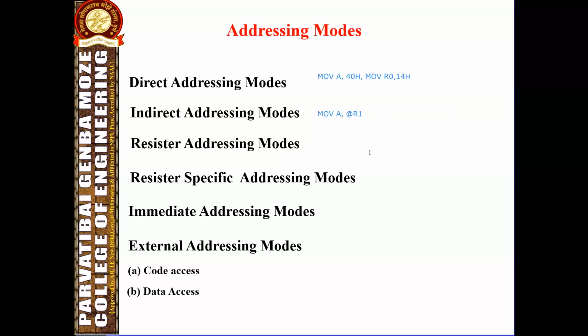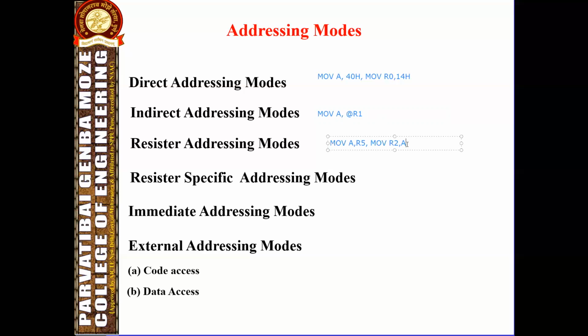Let's see the example. MOV A, R5. Here the data present in register R5 is moving into the accumulator register A. In the second instruction, the source operand is the accumulator and the destination operand is register R2.